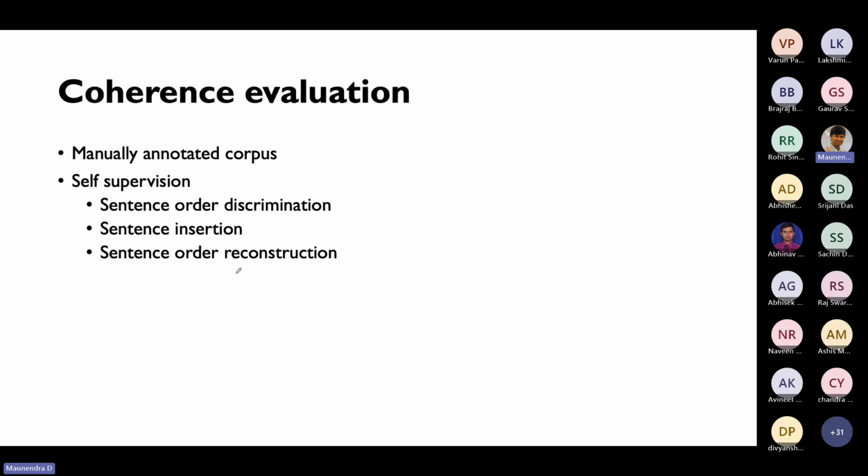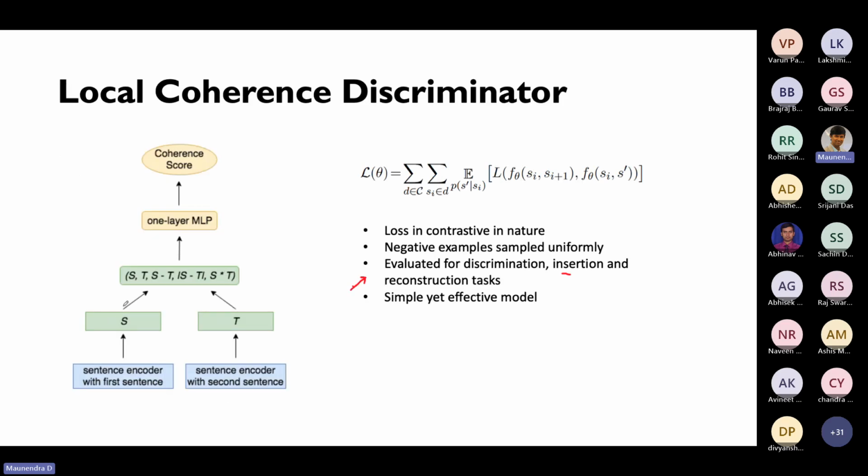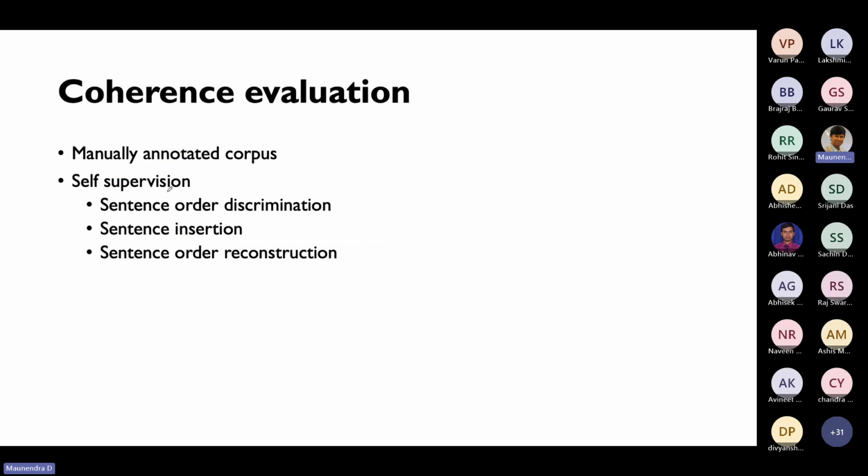Suppose this is my model for coherence estimation, and to this model you give the task of sentence order discrimination. Is it able to discriminate, given a pair of sentences, whether they are coherent or non-coherent?